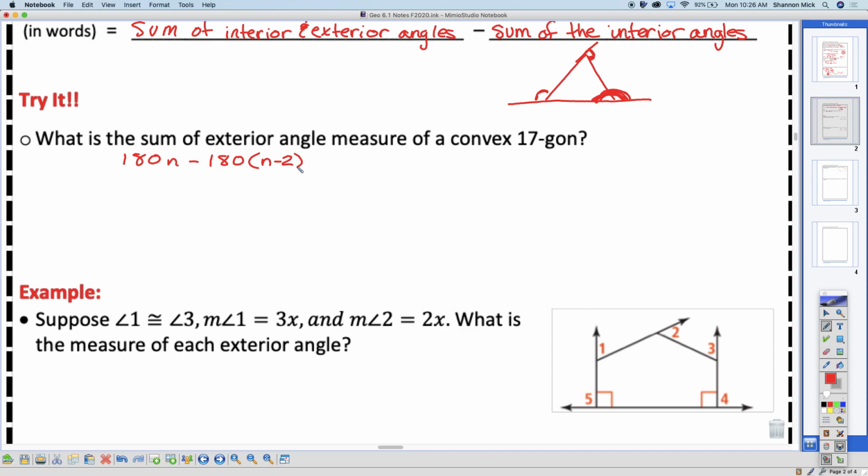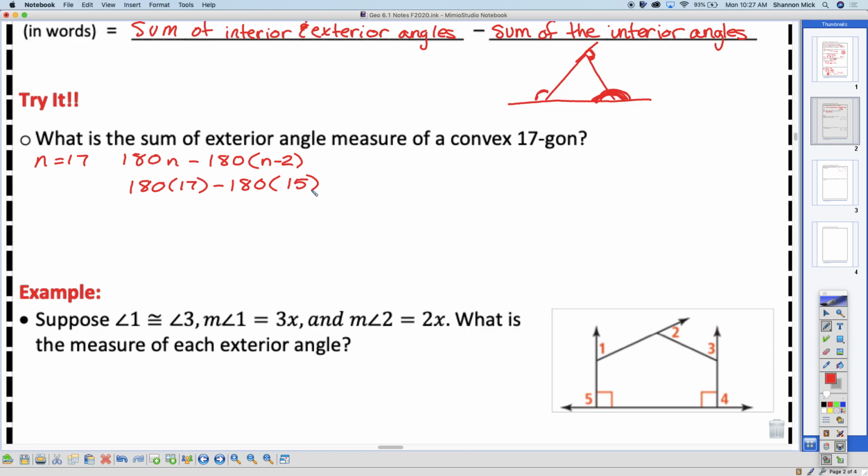The sum of all the angles minus the sum of the interior, correct? Okay, so what is n? 17. So that gives me 180 times 17 minus 180 times 15.